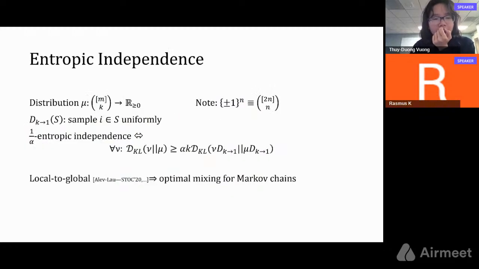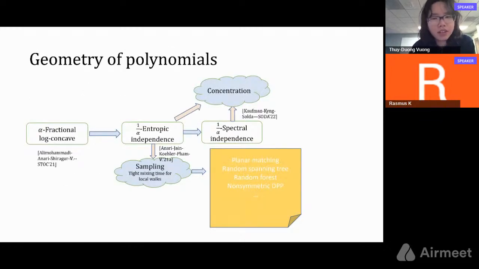Okay, so how is entropy independence related to other existing notions in the field? Entropy independence is weaker than a notion introduced earlier called fractional log-concavity, and it is implied by fractional log-concavity. There's also another notion, introduced in 2020, called spectral independence, and entropy independence implies spectral independence.